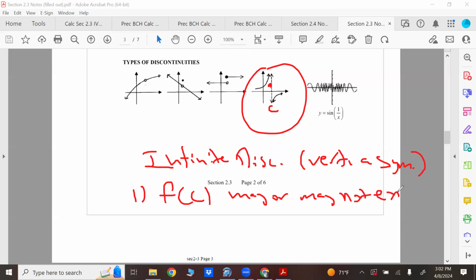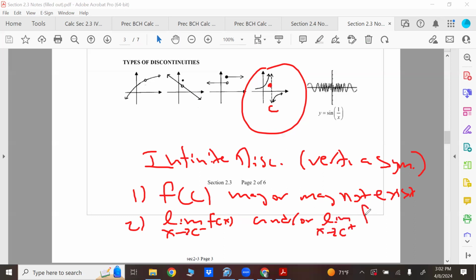But what really makes an infinite discontinuity is that the limit as x approaches c from the left and/or the right, it doesn't have to be both because it could be a piecewise function, is plus or minus infinity. There's an infinite nature to the limit.